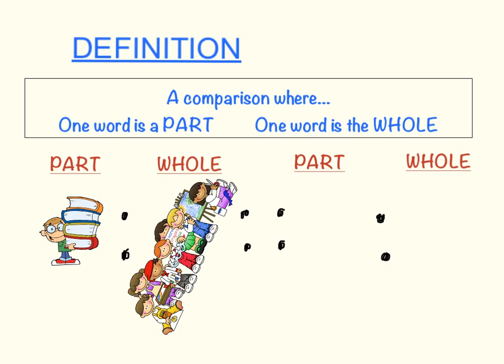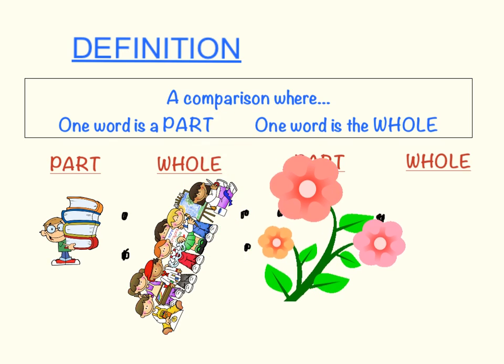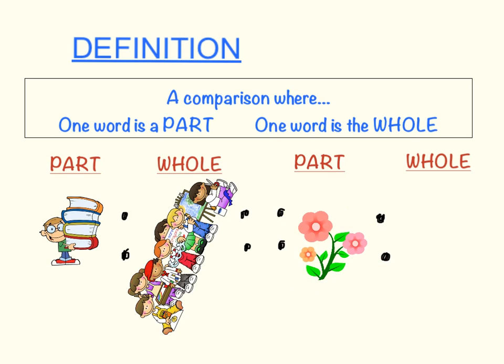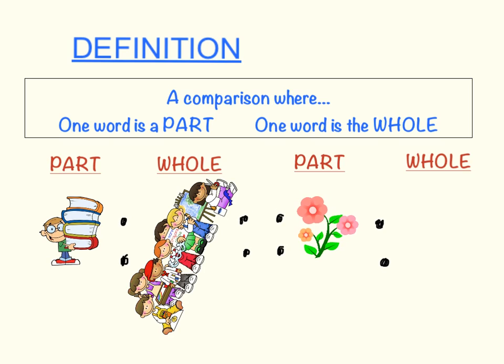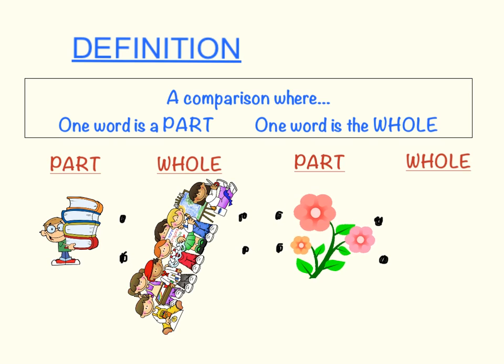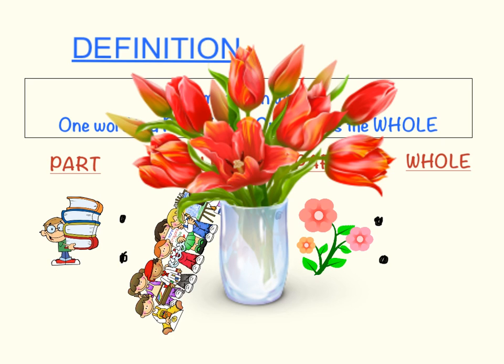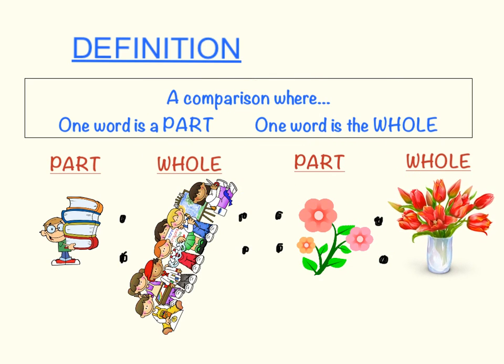As a flower, a single, well, it's like one stem of flowers, but it has three growing off of it. But still, a flower, also a part, and how it compares to, what is it a part of? Well, a flower can be part of a bouquet.